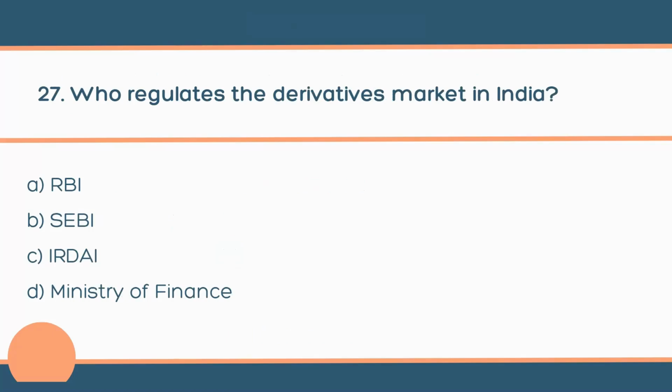Who regulates the derivatives market in India? Securities and Exchange Board of India, SEBI, oversees all trading and compliance in India. So the answer is SEBI.